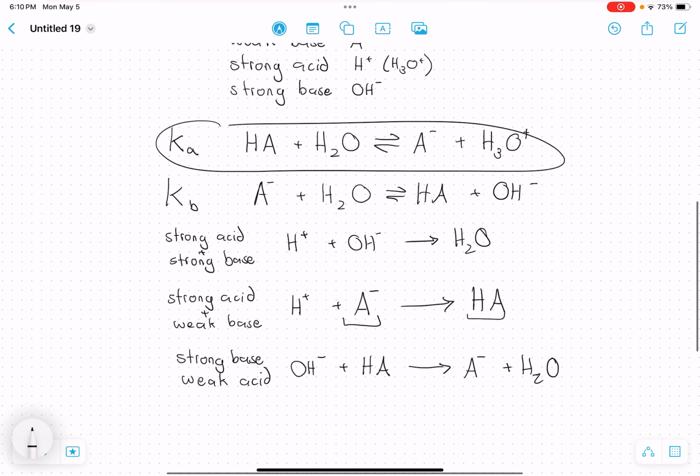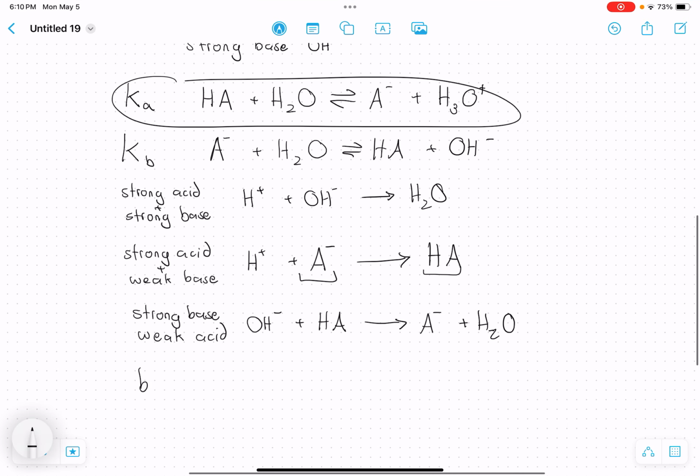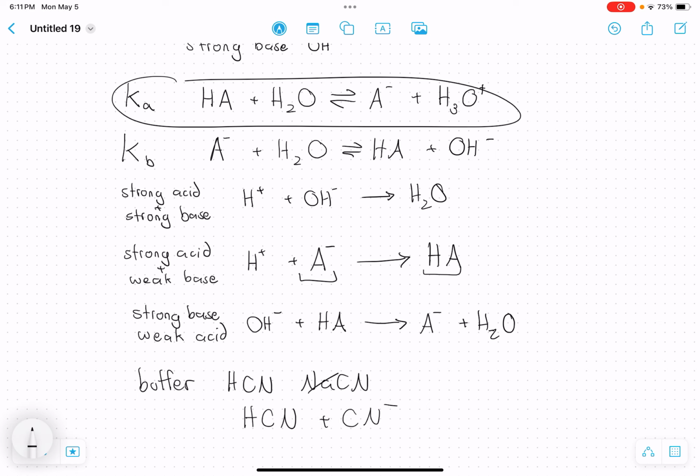So if you have a buffer solution, let's say it's like the HCN and the NaCN, right? The sodium is not really relevant. It's just a spectator ion. So the buffer solution is HCN and CN minus, but it's not like these guys are actually reacting with each other.